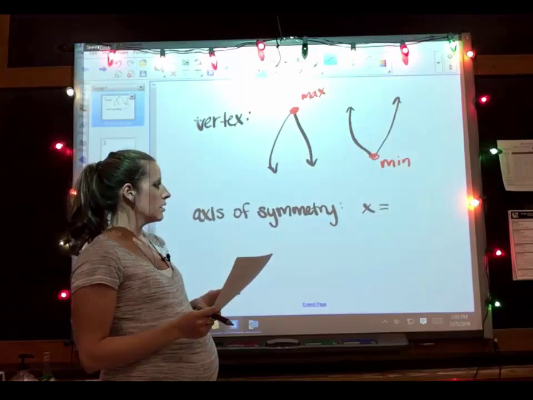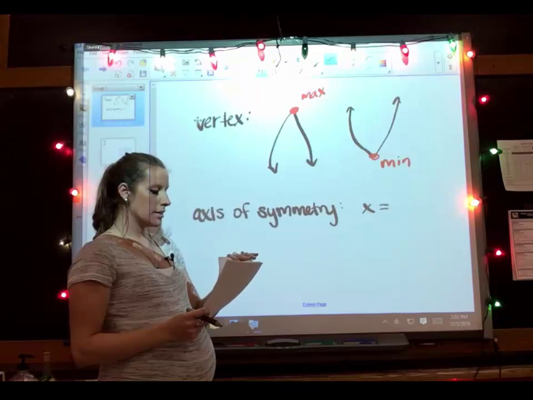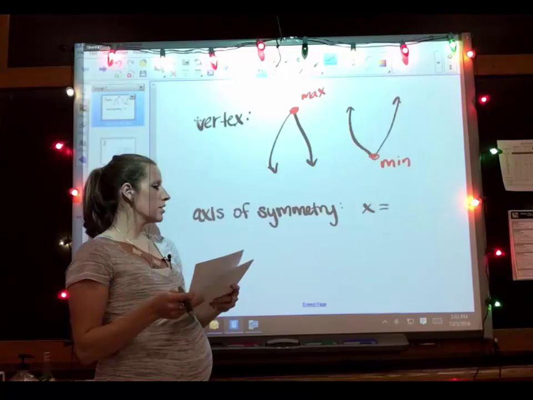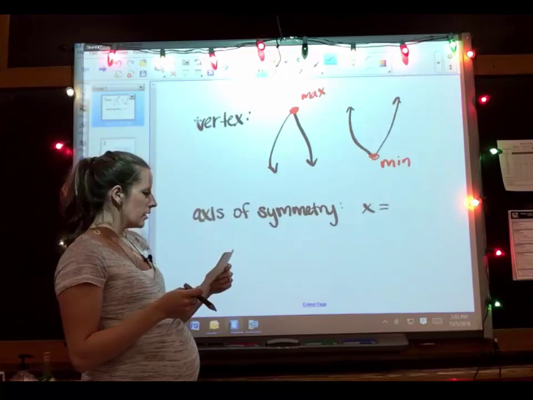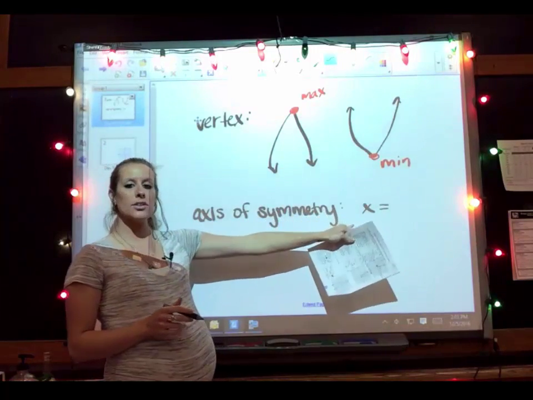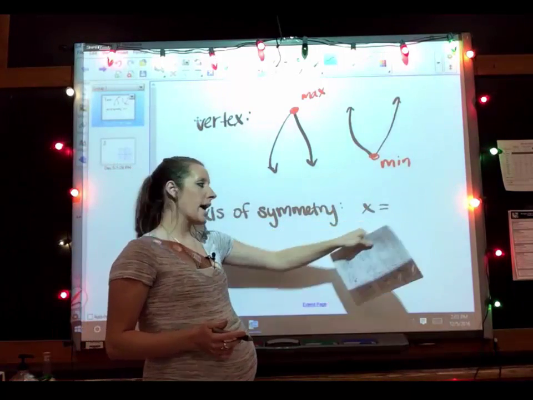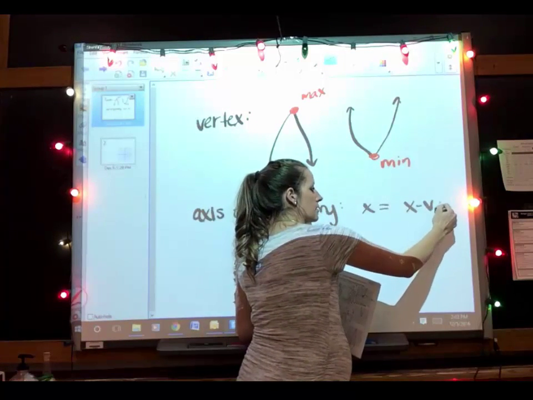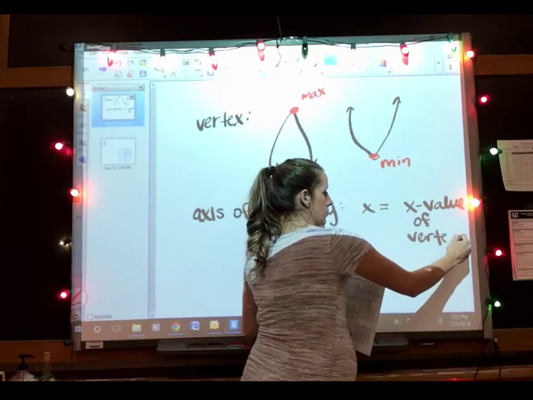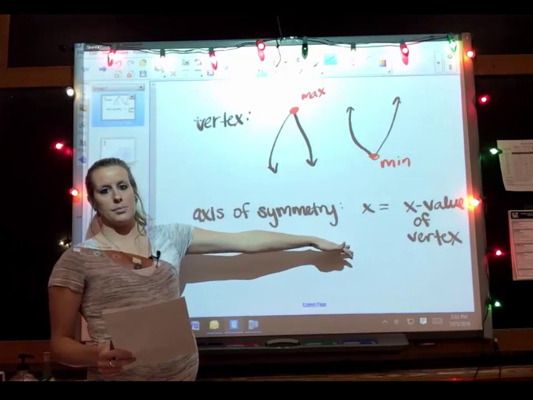If we want to write some of these down, there's blank space on the back of your notes that you can write this down on, so you have it. Another thing I want to point out, and we talked about this yesterday, is it will always be the x value of your vertex. So if you know what the vertex is, you know what the axis of symmetry is. It's just the x value.